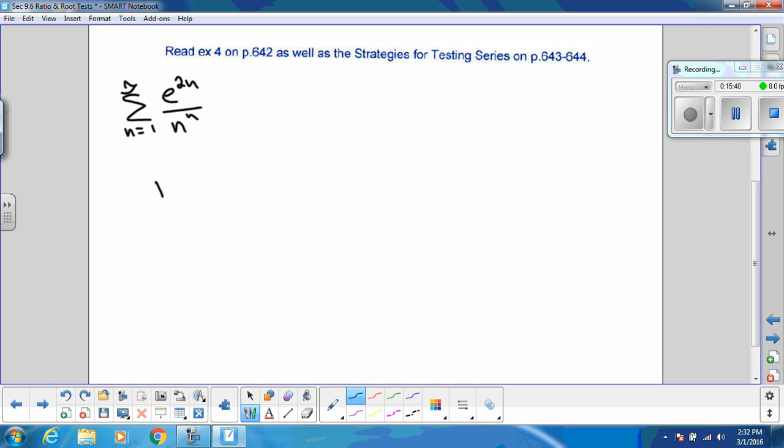So we're going to take the limit as n approaches infinity of the nth root of e to the 2n over n to the n. All right, so basically the powers of n are going to cancel, right? So this is going to be the limit of e squared over n.